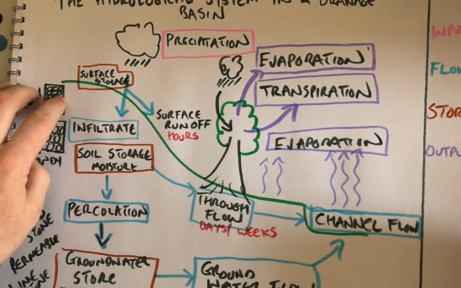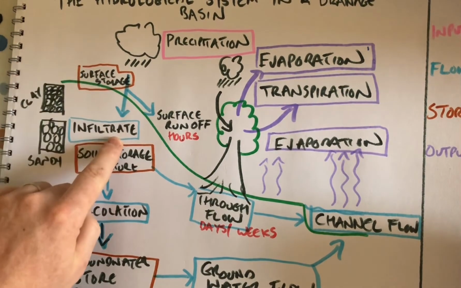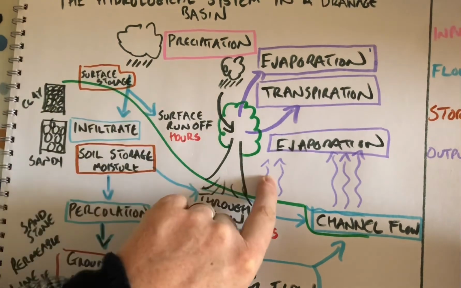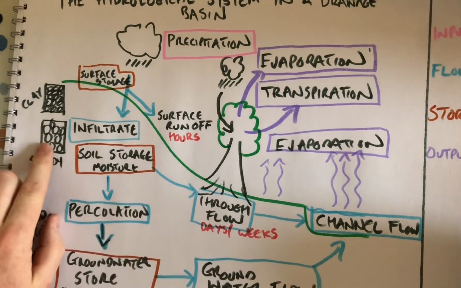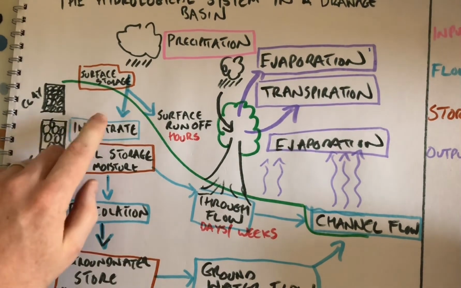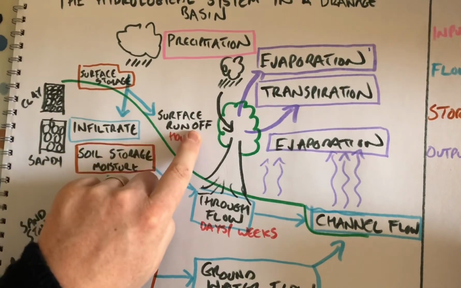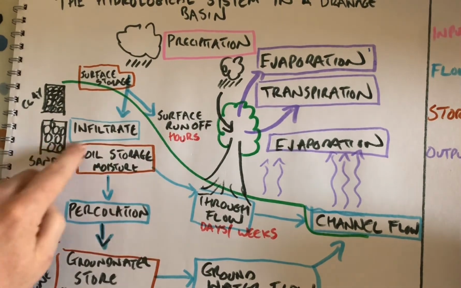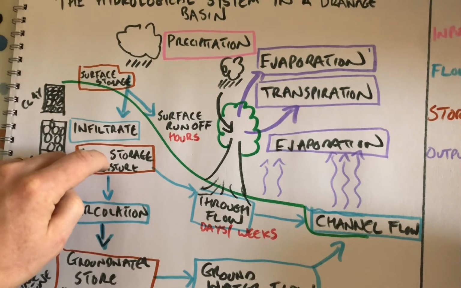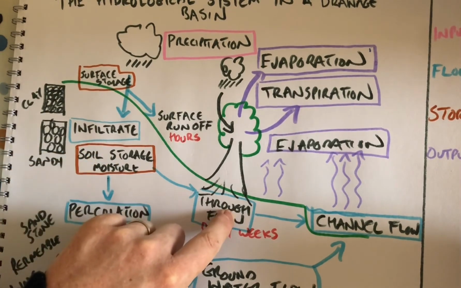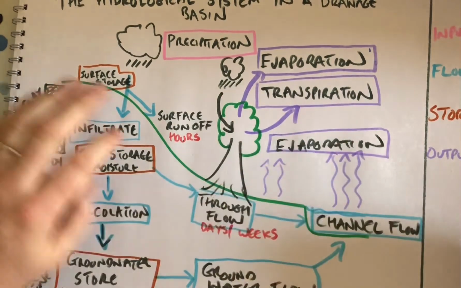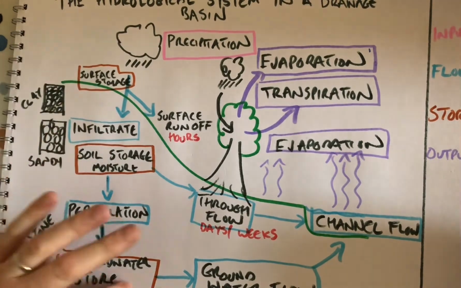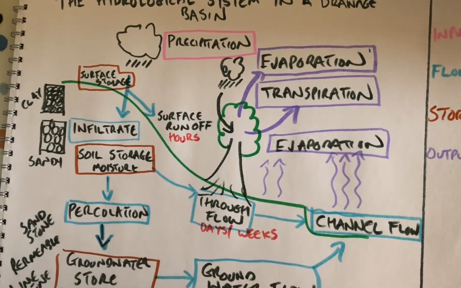Clay soils are less likely to infiltrate a lot and more likely to produce surface runoff. Podzol soils are more likely to have more infiltration and less surface runoff. So that soil type is more likely to have water stored in the soil and then flowing through the sandy soil into the river, or it'll continue down into the sandstone and go through. And that's how water moves in the cycle.